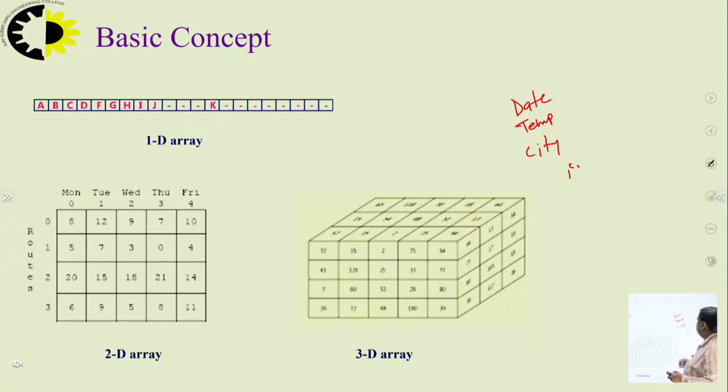So I want to store data in which city, what temperature on which date is there. So that requires a 3D array, 3-dimensional data. So these things can be used in our programming languages also.